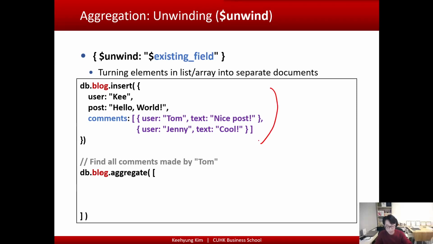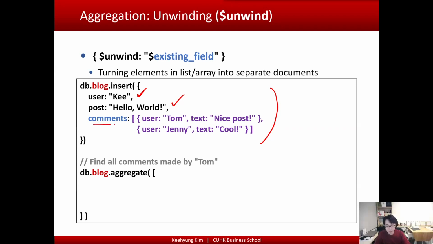You can try this at home by yourself, but we can prepare a blog collection with one document here. The document contains user information and the post information like this, and it contains multiple comments. So basically it's something like a blog. In the blog, a user posted this hello world, and Tom and Jenny commented on that post.